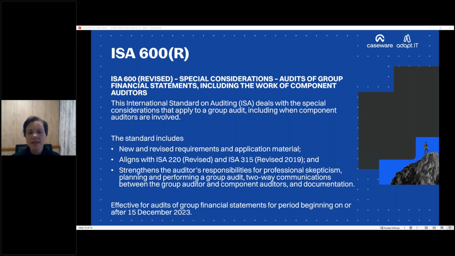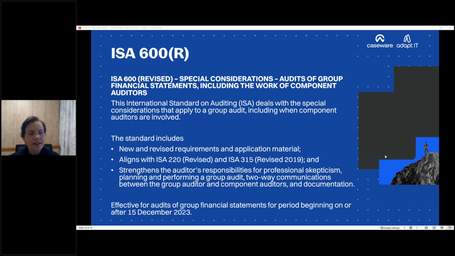This is a standalone standard, but it also incorporates changes, the reason being to incorporate the new and revised requirements in the application material, with a focus on changes similar to ISA 220 and 315 revised, and very specifically strengthening the auditor's responsibility for professional skepticism, communication, and documentation.